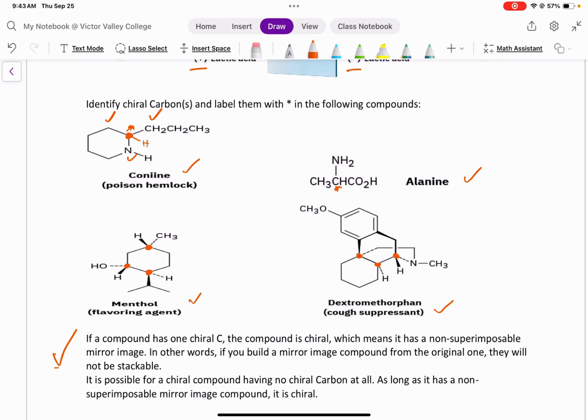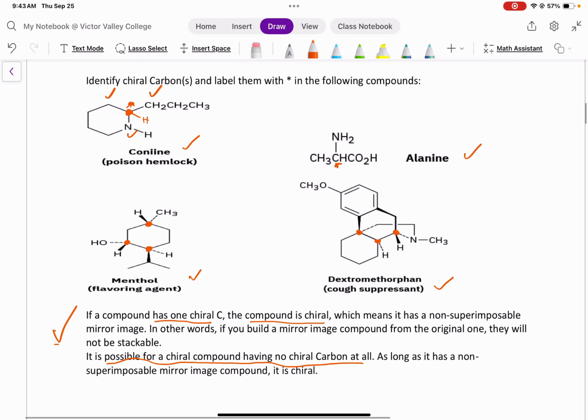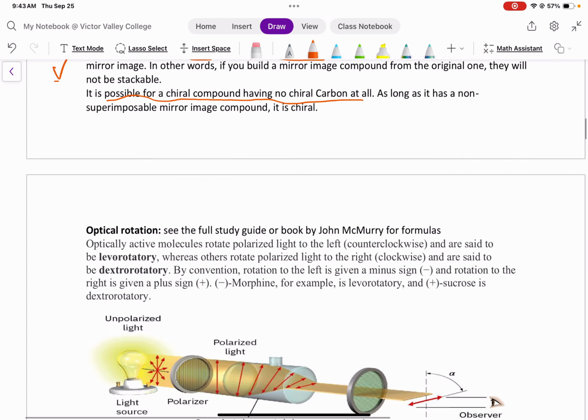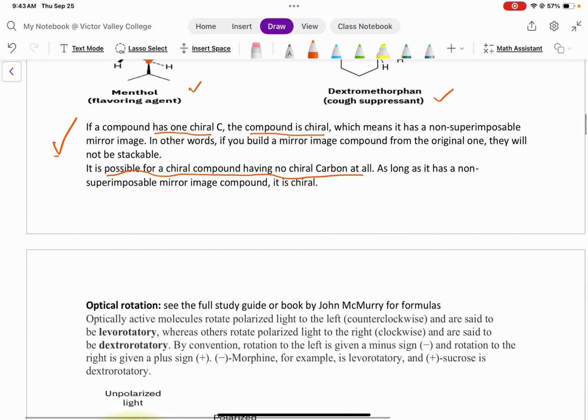Okay, here's a summary of what we've been talking about. If a compound has one chiral carbon, it is chiral overall. It is possible for a chiral compound to have no chiral carbon at all. That's interesting, and we did look at that, right?